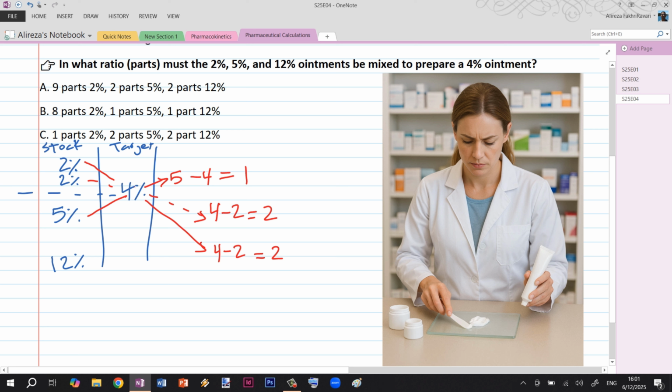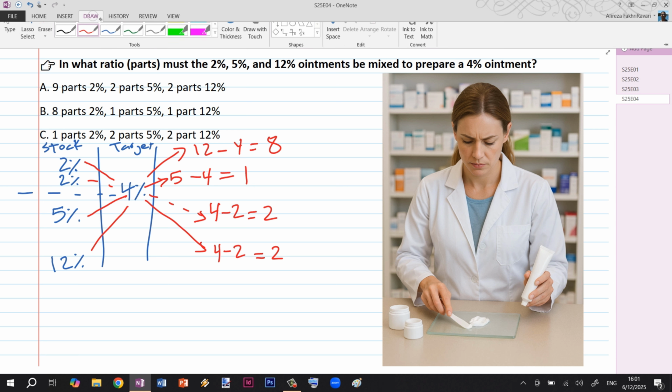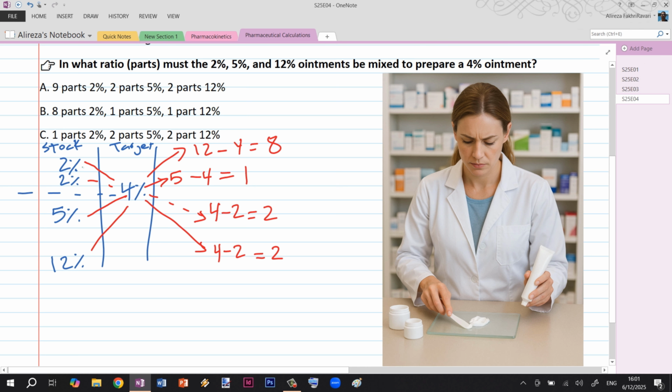And then you do the last one, 12 minus 4 is 8. Now, because we have 2 of the 2%, you need to add these 2, so you have 9.